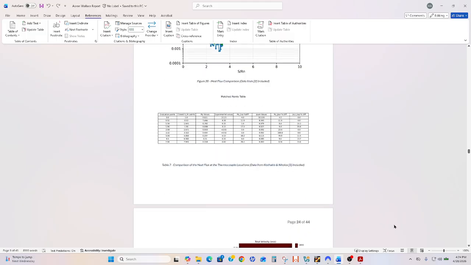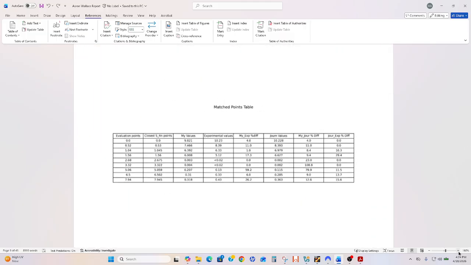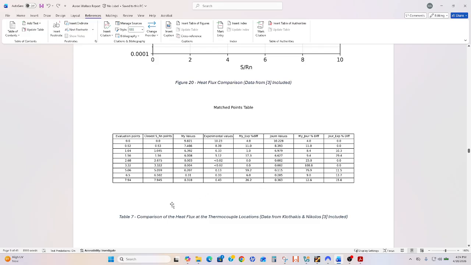All right, so here we can see I have a table with my data that shows the difference. What I did was, in my Python program, I built it to go through and look at the closest points in my data from my surface file and find out which points were closest to the points of evaluation, which are the points that they gave in the journal article that were based on the thermocouple positions.